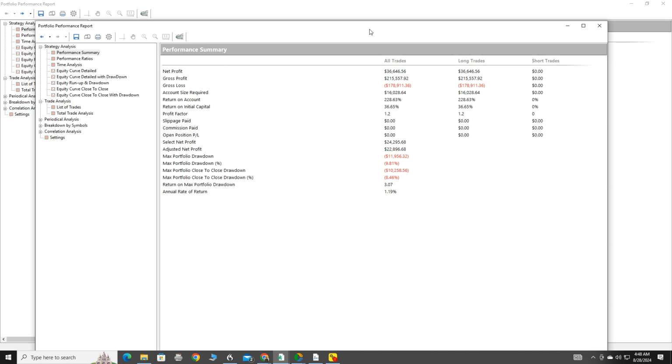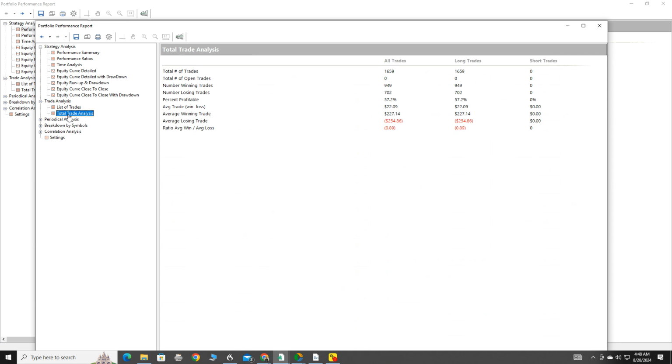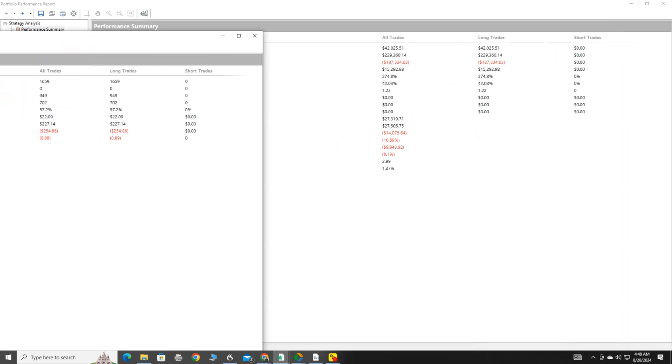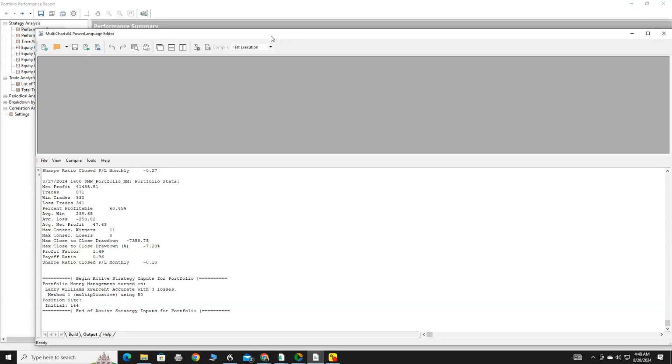Now, in addition, keep in mind that your percent accuracy was also increased due to the money management. If we go to our trade analysis, we'll see with no money management, 57.2% accuracy. But if we bring down our performance report from our money management, it did 60.85% accurate.